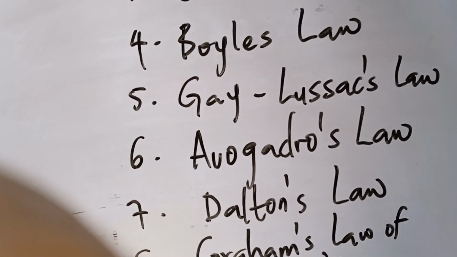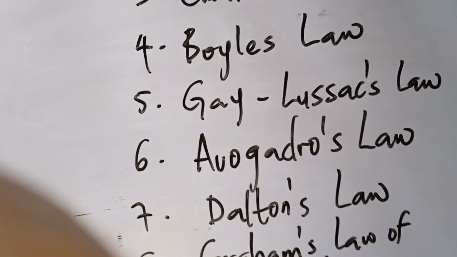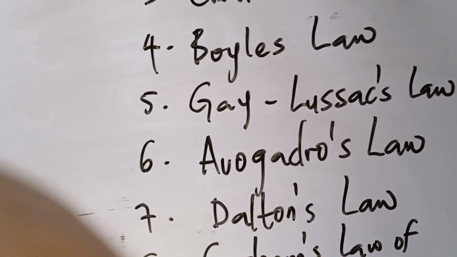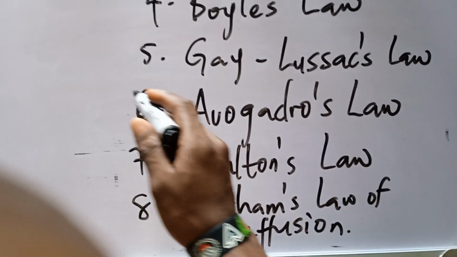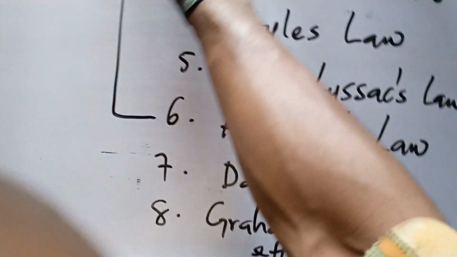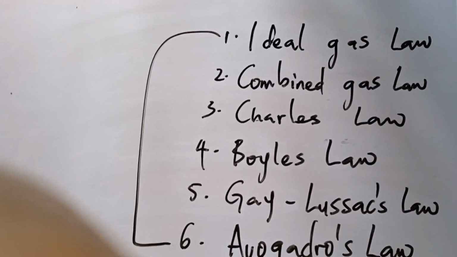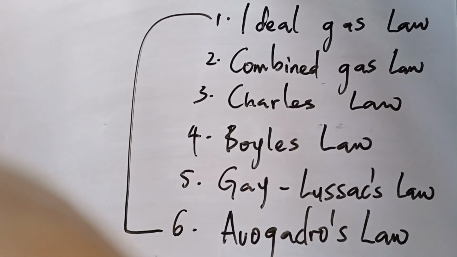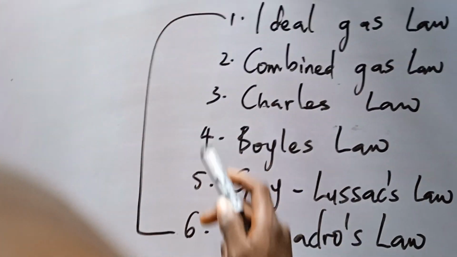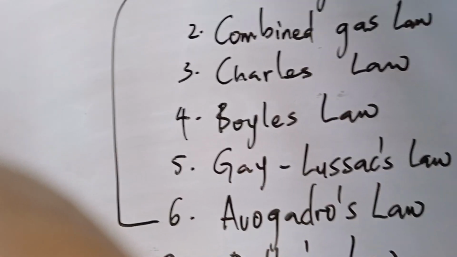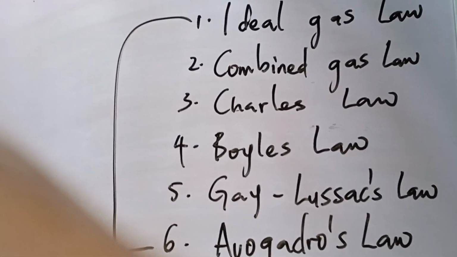Effusion is diffusion through a hole. So these eight laws, these six are connected. You can get everything here from ideal gas law simply by doing, let's do it.